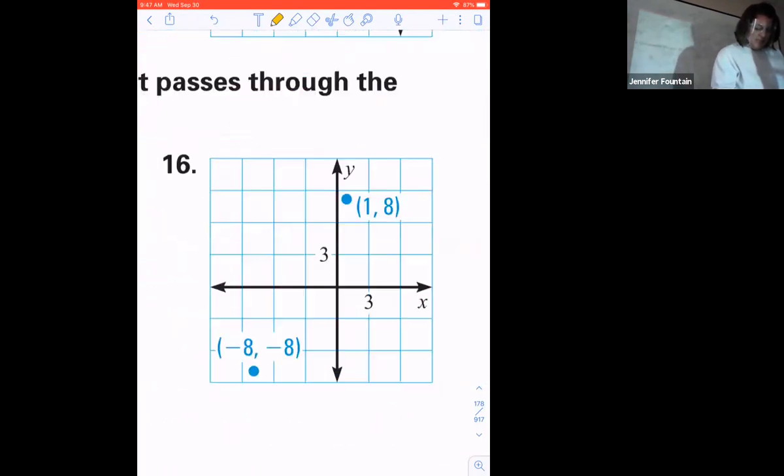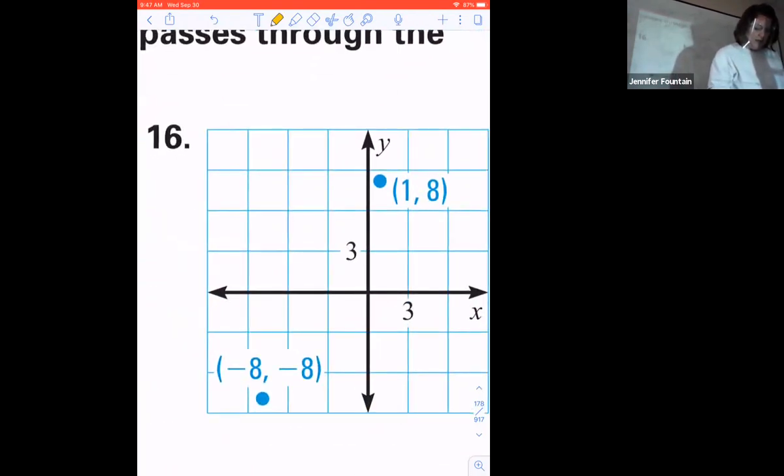Number 16, if I have -8, -8, and 1, 8, the fun thing is that they did not put these points on exact cross sections of my graph. That means from here to here is actually a bigger number than 1, because they've said this is where 1 is.